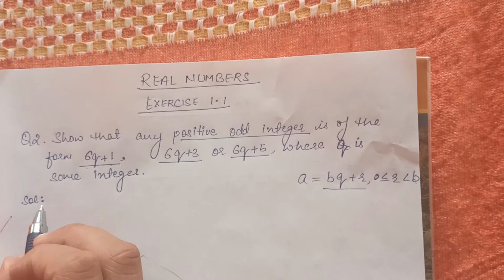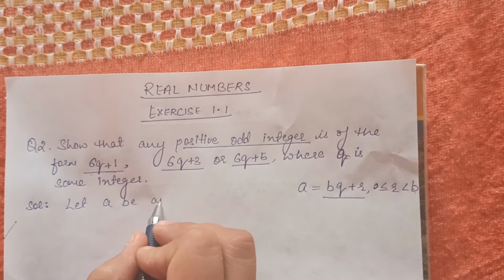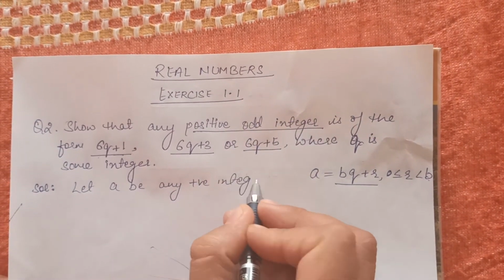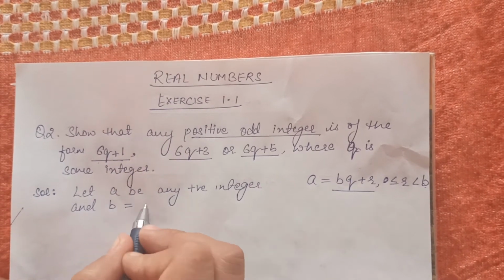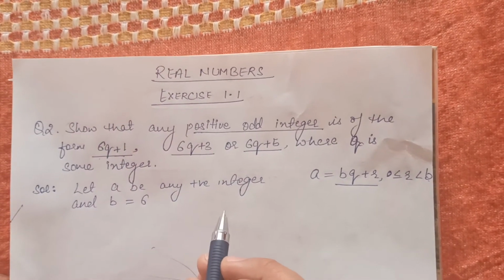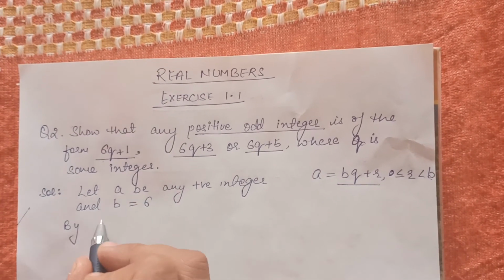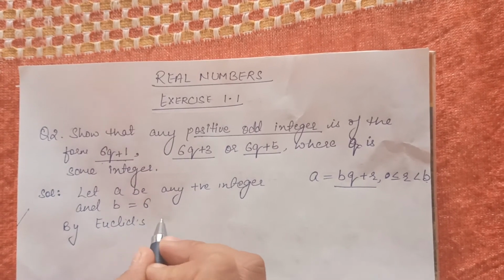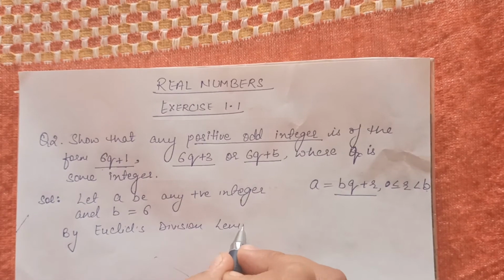Now let us start our solution. Let a be any positive integer and b equals 6, because this is given. So by Euclid's division lemma, what can we say?